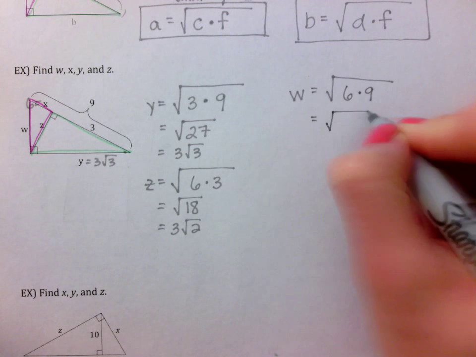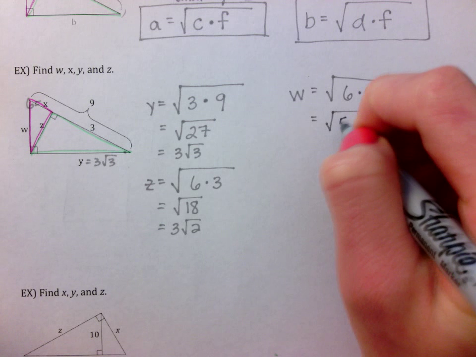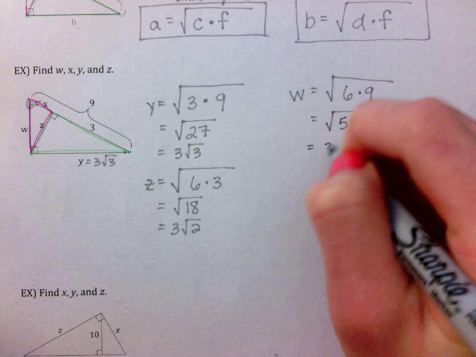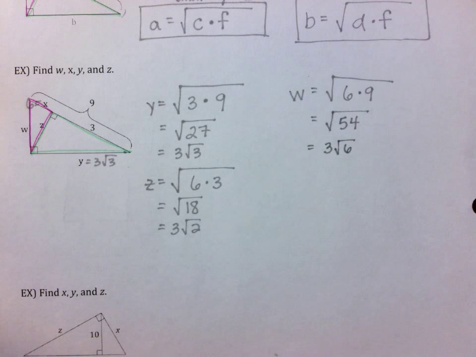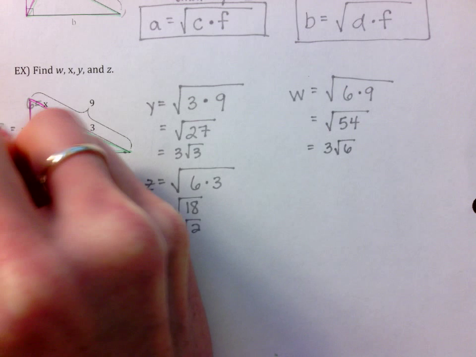That gives us the square root of 54, which is 3 root 6. So we finished that triangle.